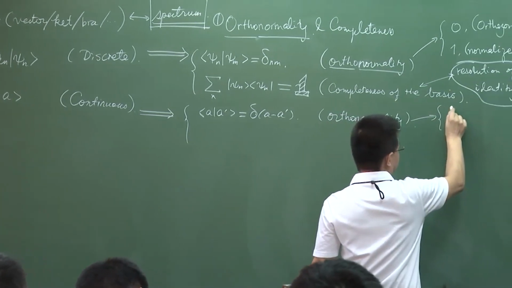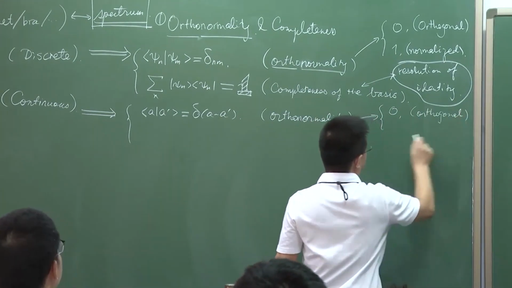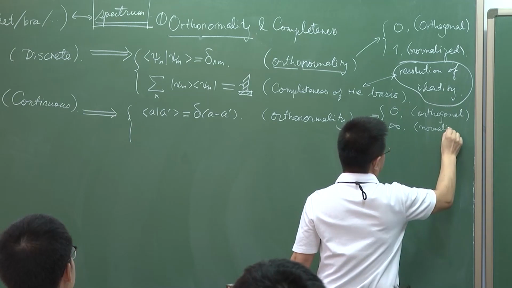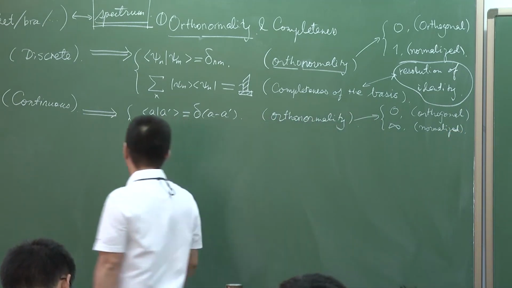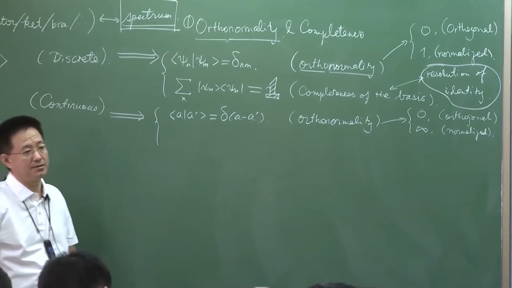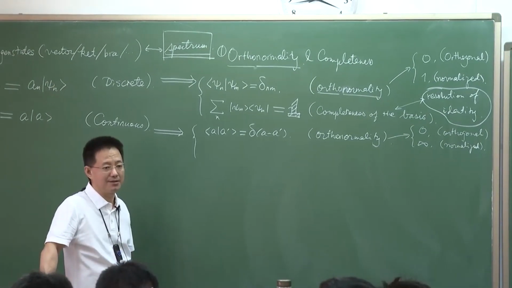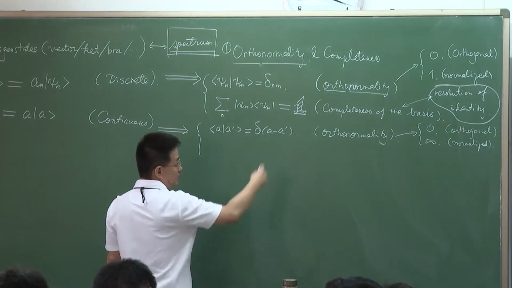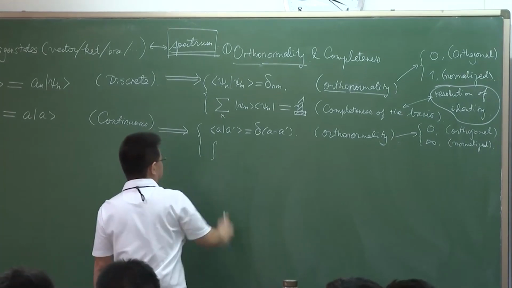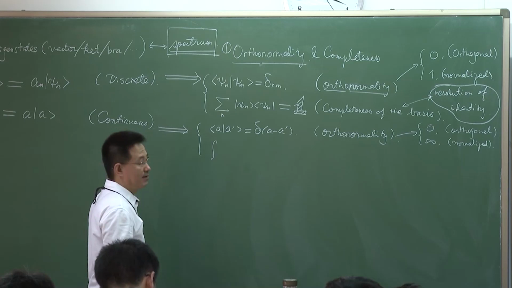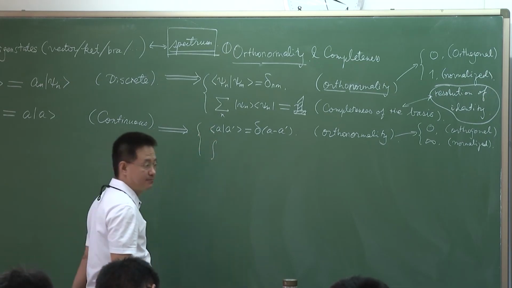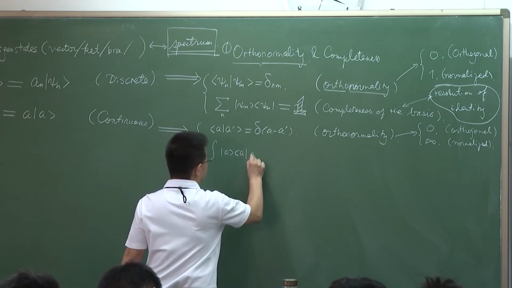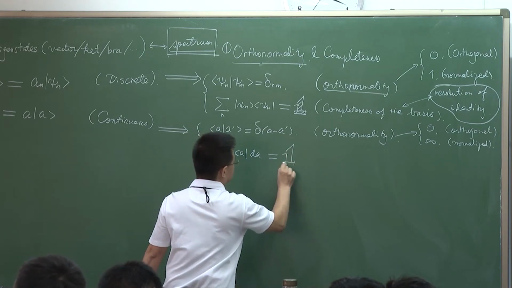So when it is equal to 0, that is orthogonal. And also you have the infinity, that is normalized. Right? For the continuous case, you have the Dirac delta function. So the infinity is just like the unity for the discrete case. And for the completeness or the resolution of identity, it is defined by the integral instead of the summation. So you have the integral of |A><A| dA equal to the identity.